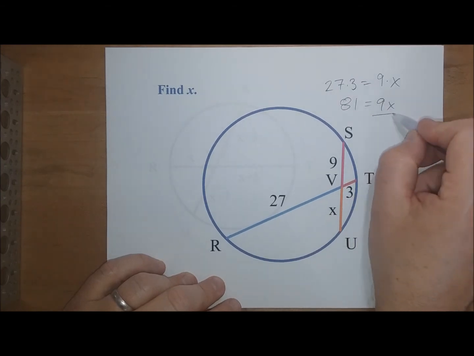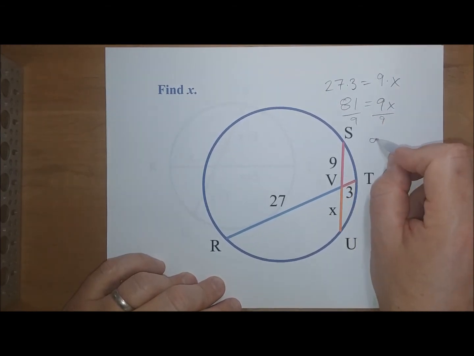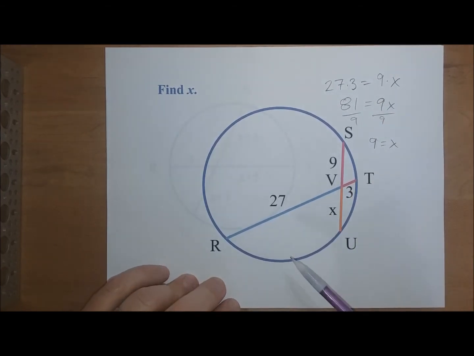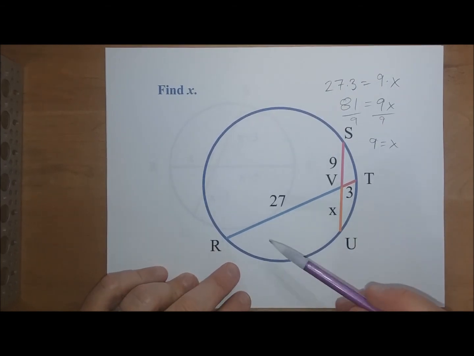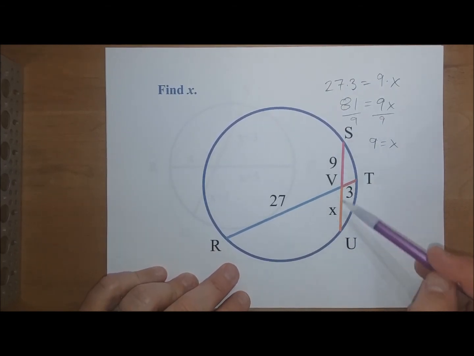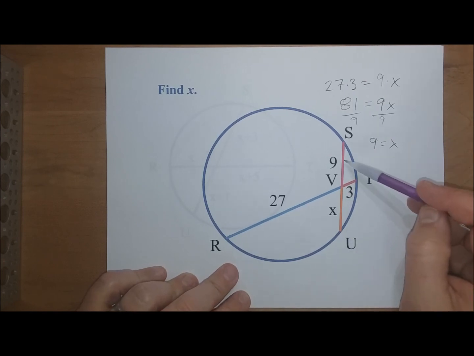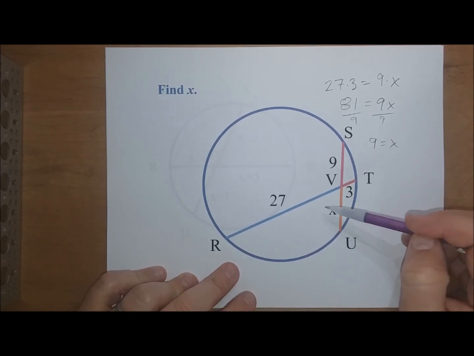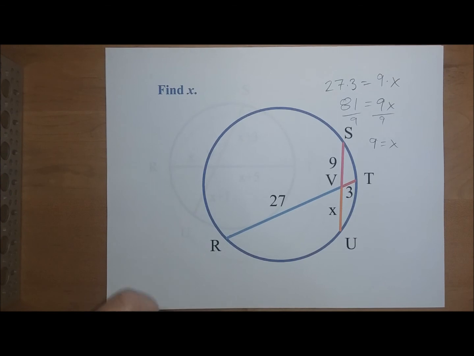We can divide both sides by 9 and we get 9 equals x. So that's a good application of circle theorem 15. The product of these segments is always going to be equal. That segment times that segment always equals that segment times that segment.